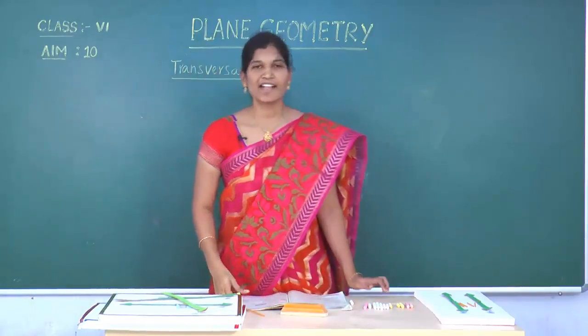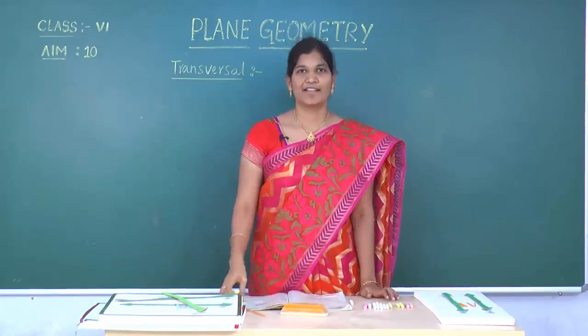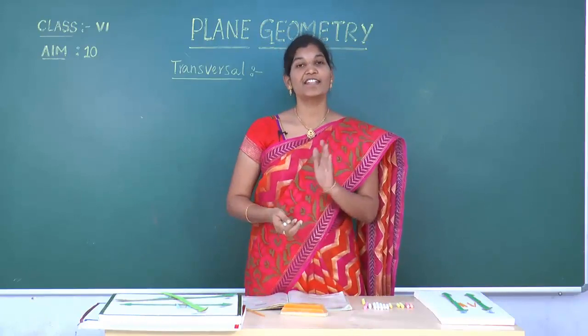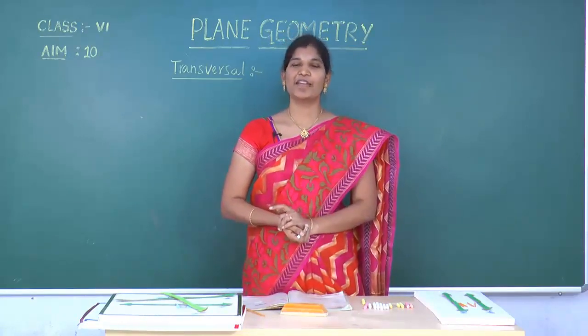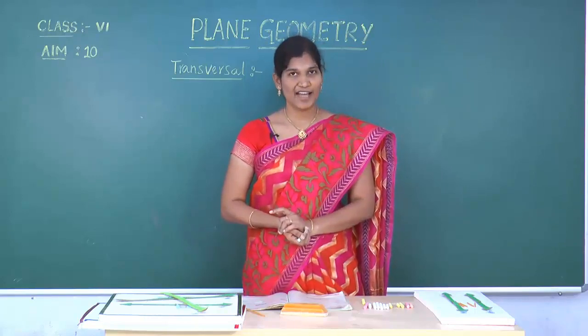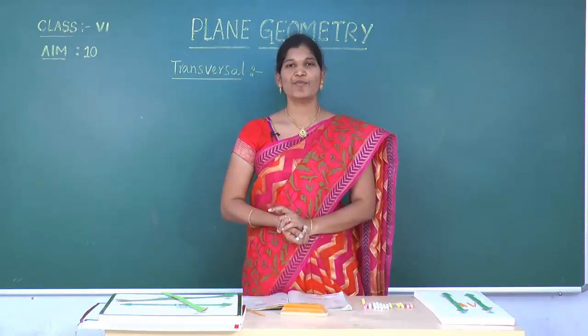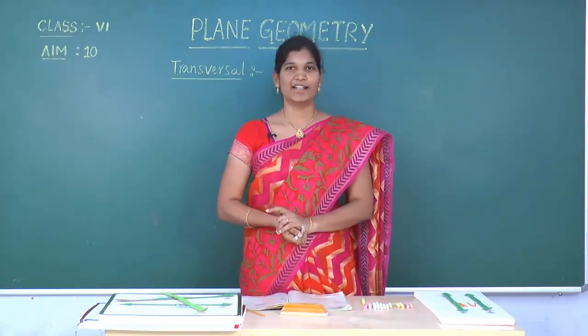What is meant by a transversal? A transversal is a line which intersects the given two or more lines at different points. Then we can say that line is said to be a transversal. A line which intersects given two or more lines at different points is called the transversal.